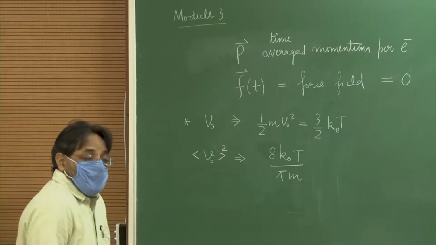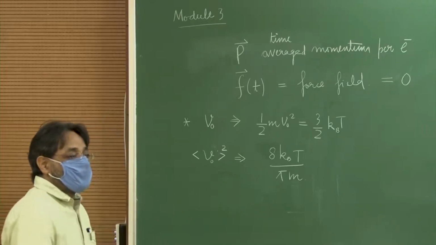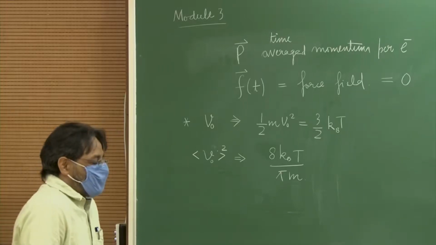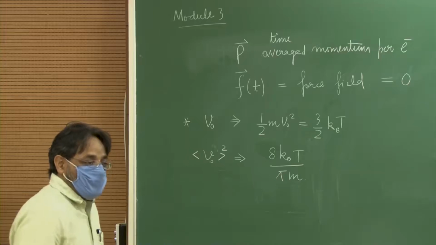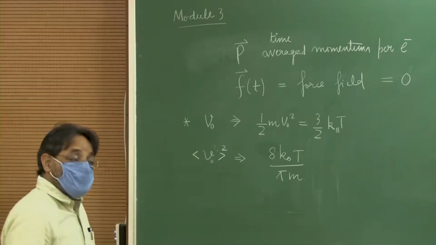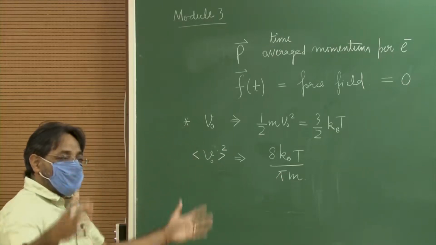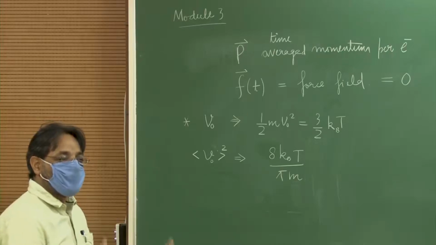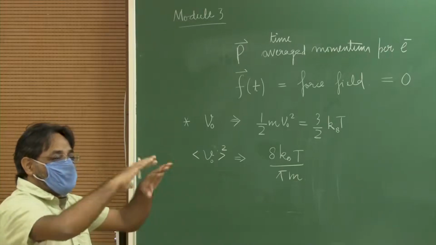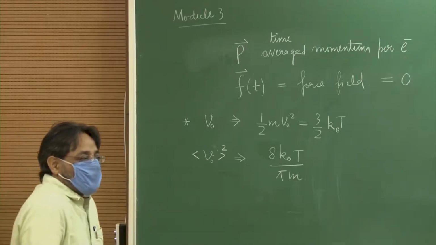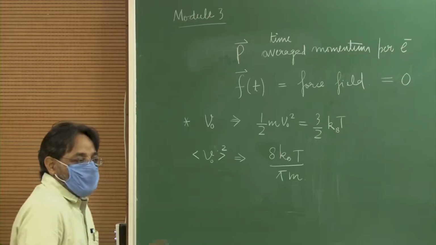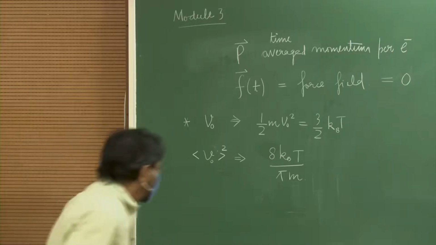The object in which you are enclosing the gas has walls, and the gas molecules are also colliding with the walls of this vessel, right? But in the case of a metal, as I told you, the boundaries are very, very far away from the bulk, right? The number of electrons that live on the boundaries is very small. So for all practical purposes, the boundaries are not very important. What is important is these immobile ionic cores.